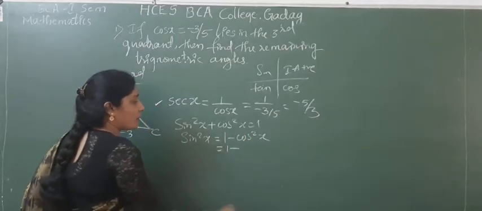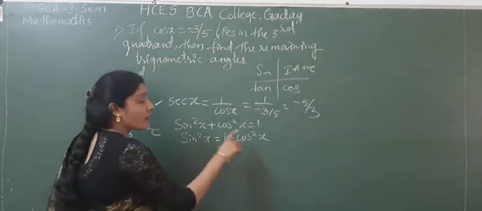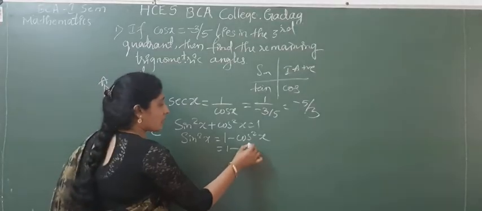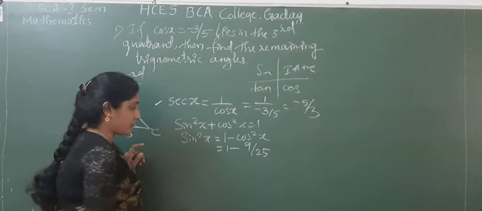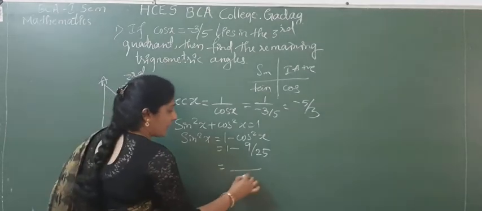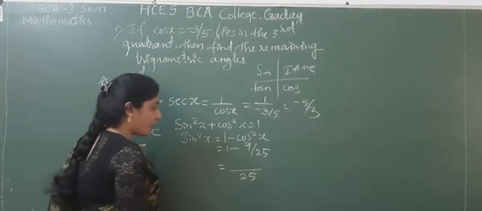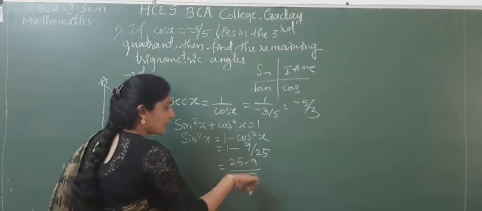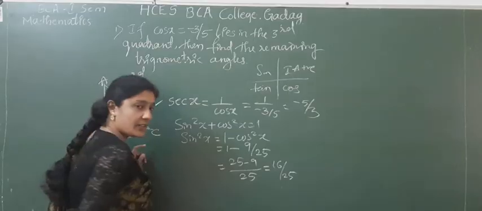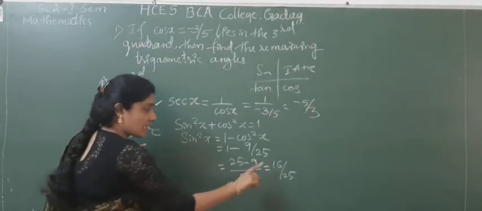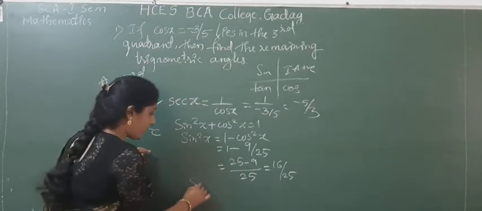That is 1 minus, when you square cos it becomes positive, therefore it is 9 divided by 25. Now take the LCM, that is 25. 25 minus 9, which is 16 divided by 25. Sin square x is 16 divided by 25.